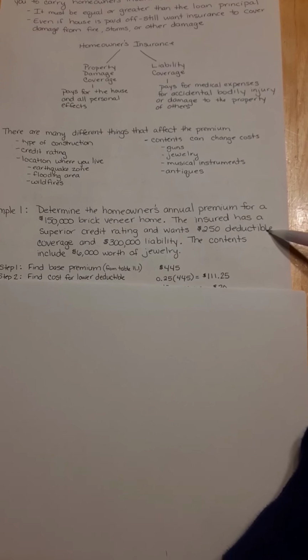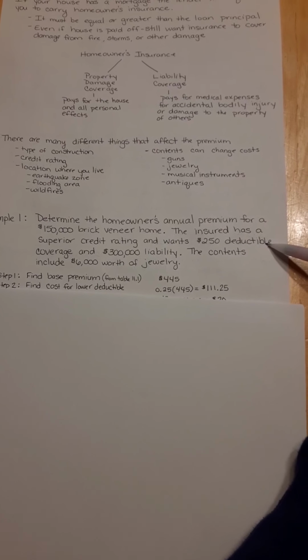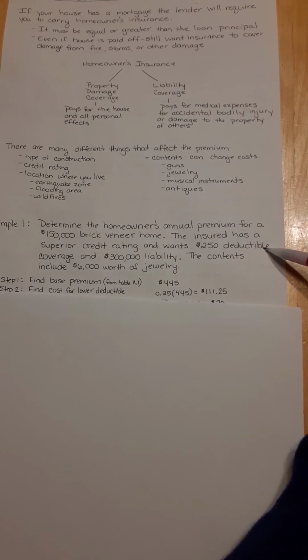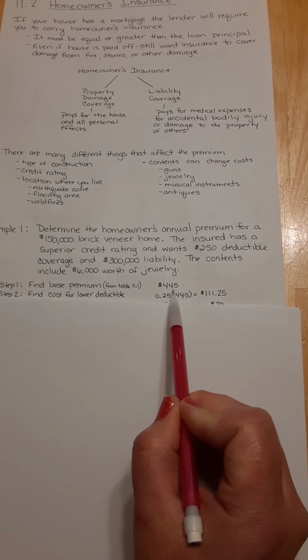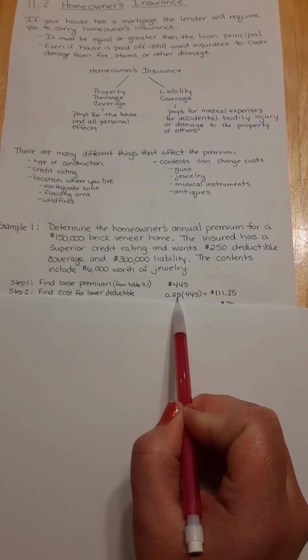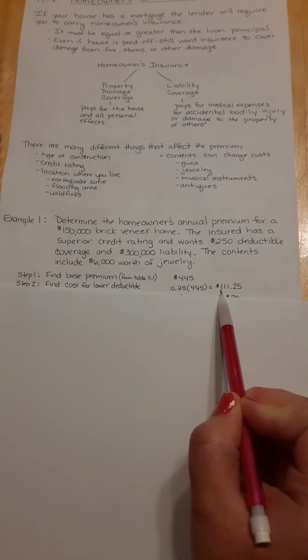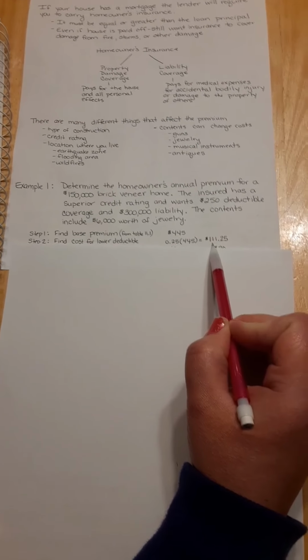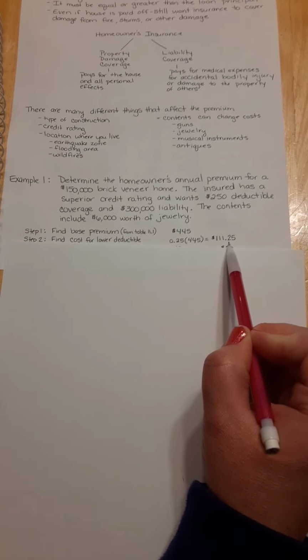If you look at adjustment number 1 in your book, right there, it says for a $250 deductible, add 25%. Well, that 25% is of your basic premium. So 25% I put as a decimal, 0.25, and I need to multiply it by $445. This gives me the additional cost. Every time I pay this premium, I have to pay an extra $111.25 for that lower deductible.